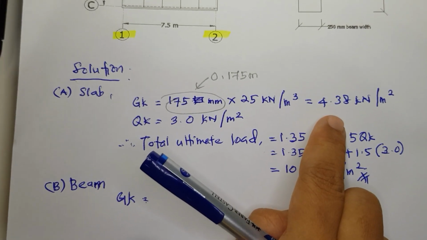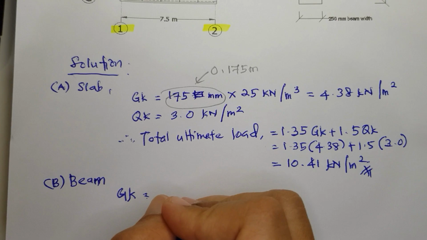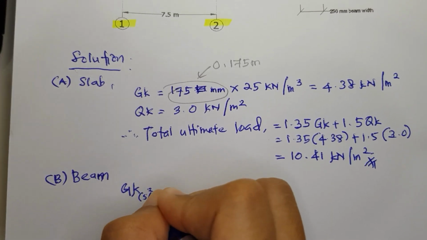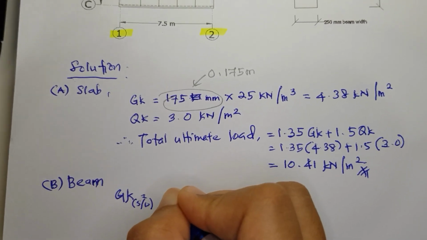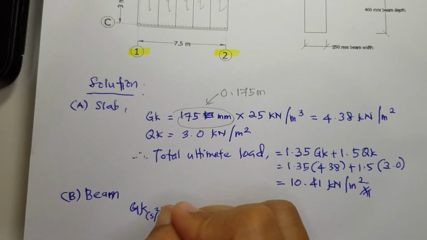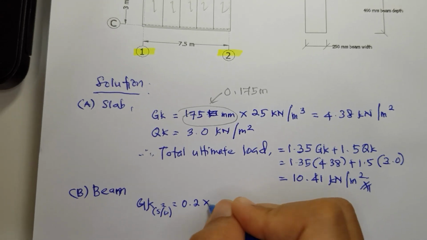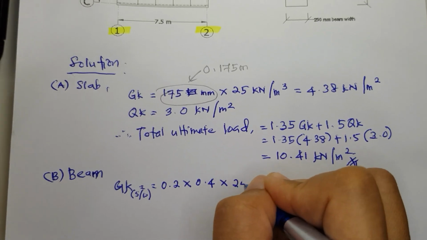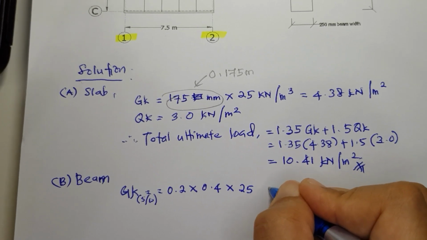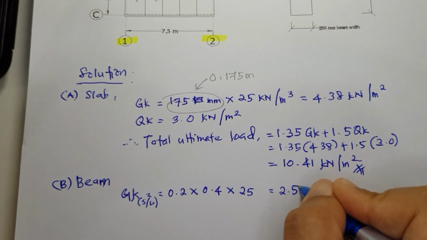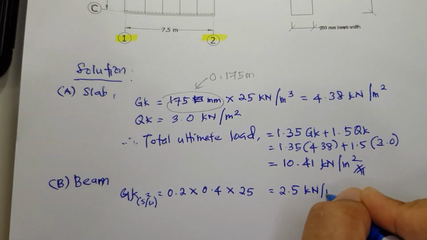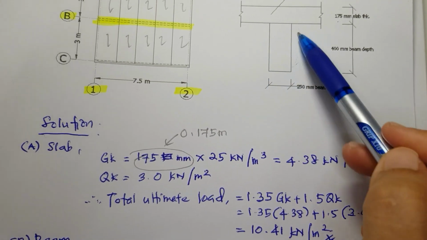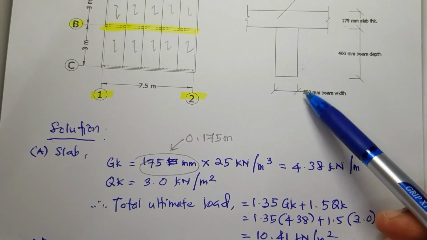GK for beam self-weight is the width 0.2 multiplied with the depth of the beam multiplied with the unit weight of concrete, and the answer is 2.5 kilonewton per meter.